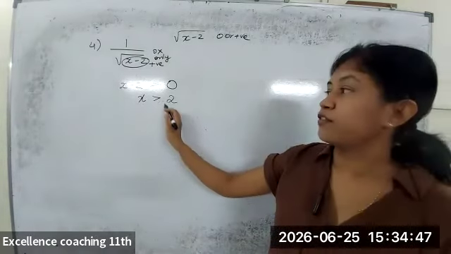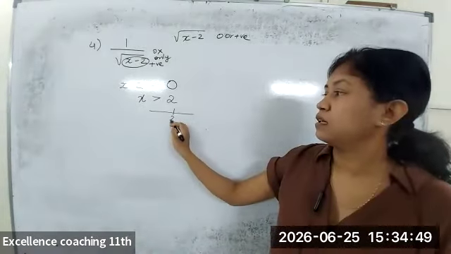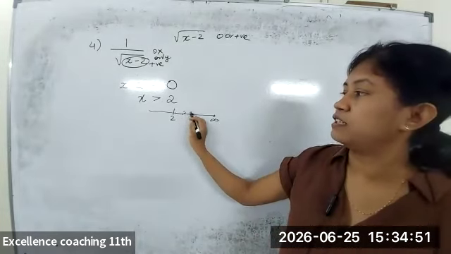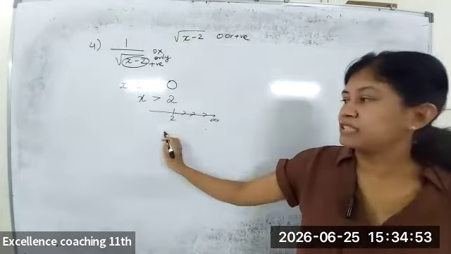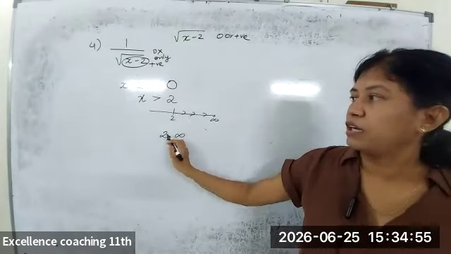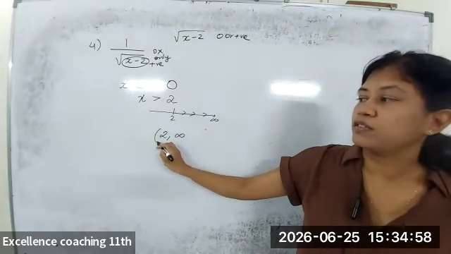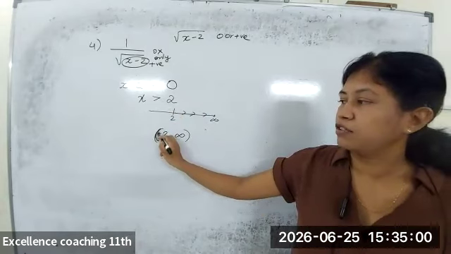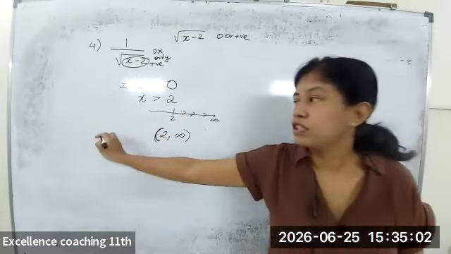Now where your answers are starting from, bigger than 2 means this side, not till infinity, this side. So it will start. There is no equal to sign. So which symbol will come? A round symbol for both of them. So this will be your domain.